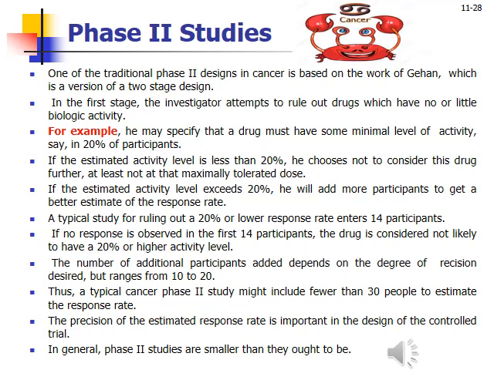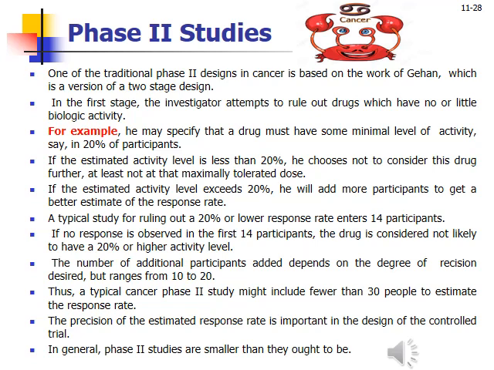If the estimated activity level exceeds 20%, he will add more participants to get a better estimate of the response rate. A typical study for ruling out a 20% or lower response rate enters 14 participants. If no response is observed in the first 14 participants, the drug is considered not likely to have a 20% or higher activity level.